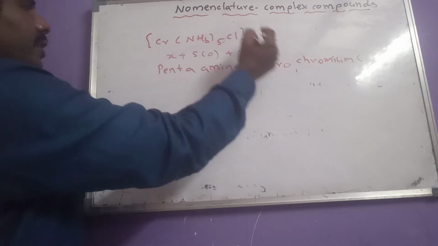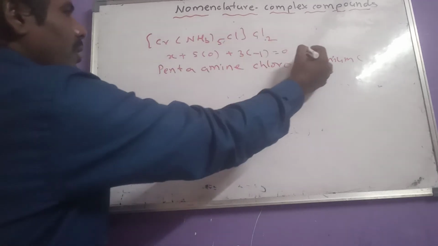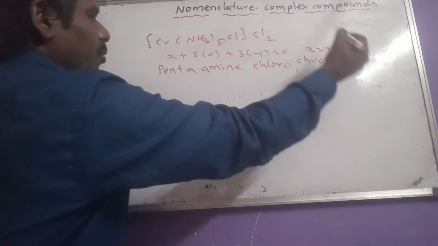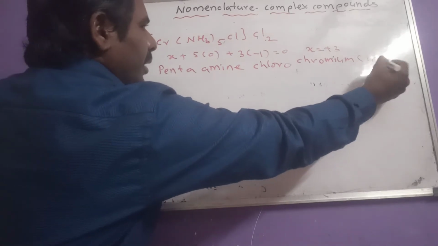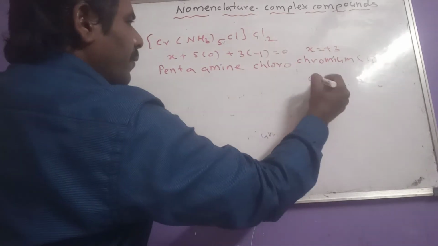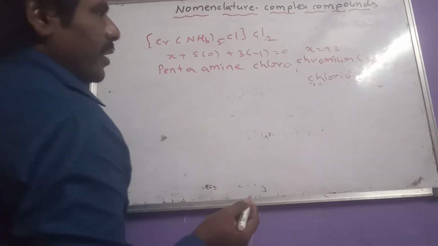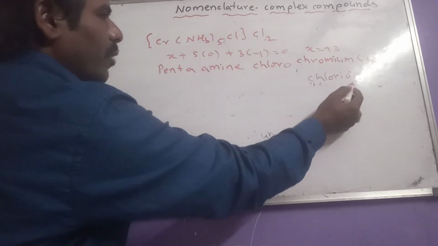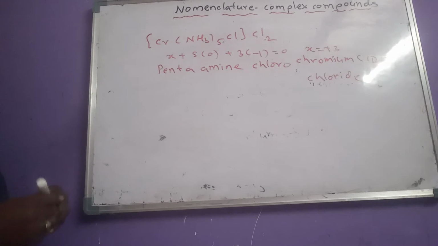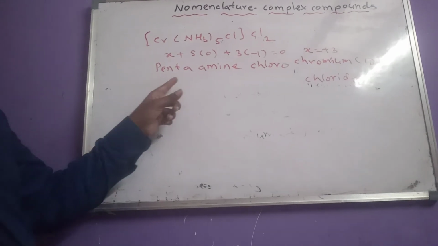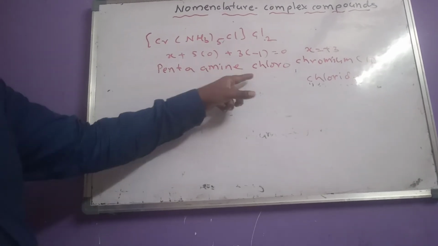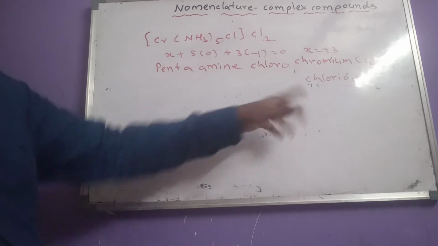Net charge is 0, so we get X equal to plus 3. So we write 3. After that, in the ionization sphere there is chloride ion, so we write chloride. So its name is pentaamminechlorochromium(III) chloride.